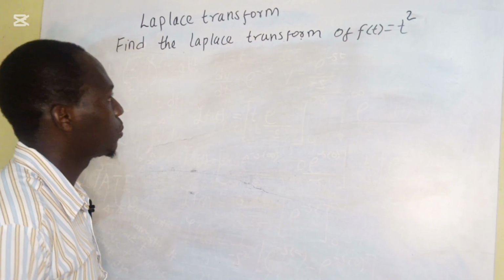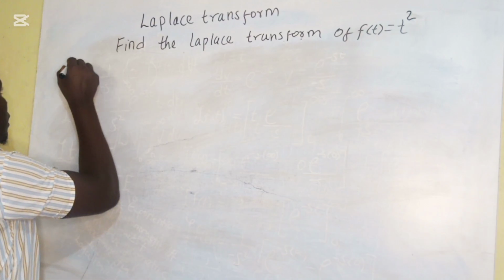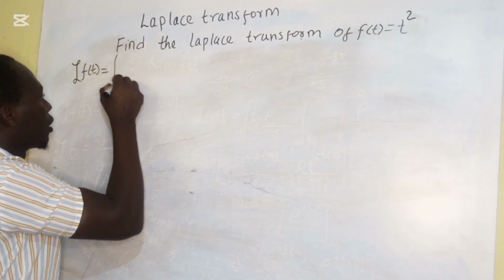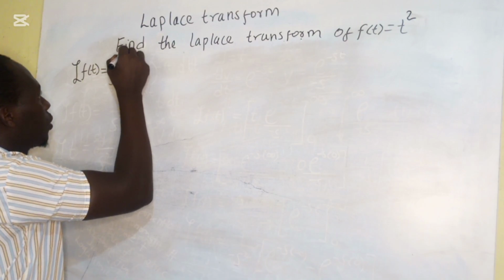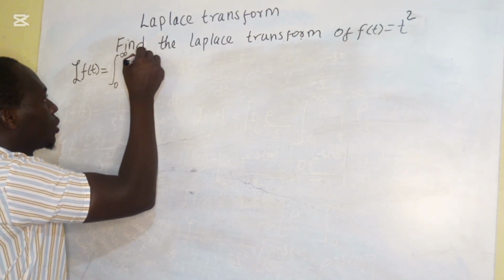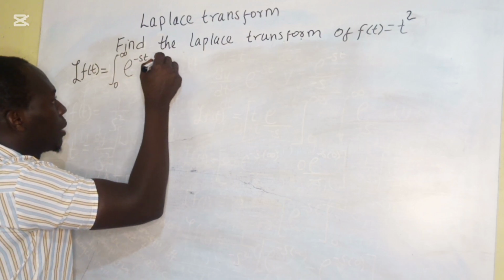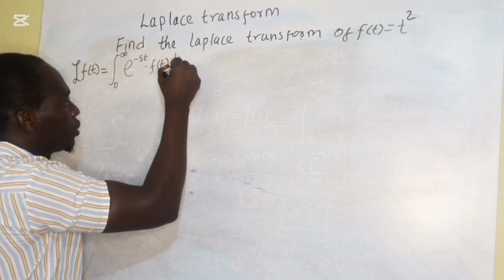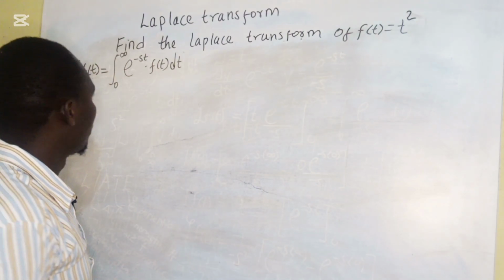And the first principle formula, we know that the Laplace transform of our function is the integration with respect to our limits of exponential negative st, we multiply by our function f of t, and our integration here is with respect to dt.